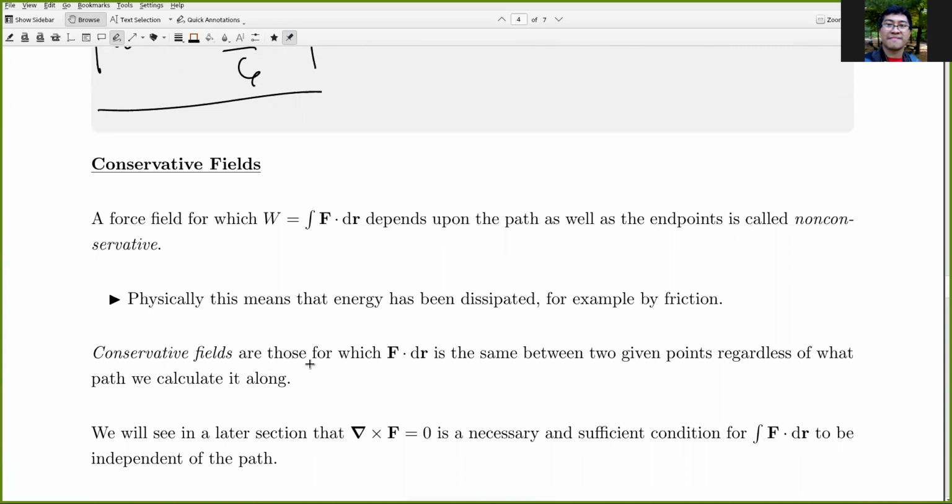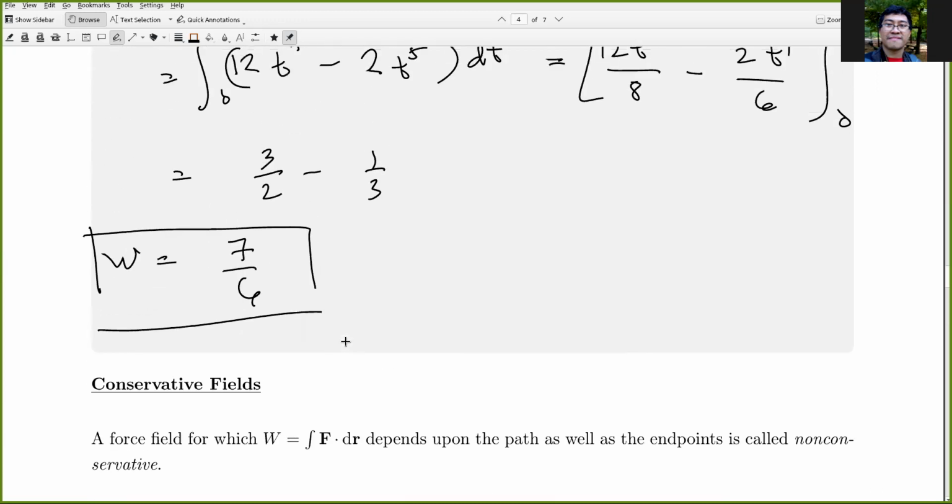For conservative fields, these are those for which F dot dr is the same between two given points regardless of what path we calculated along. So in this case, you can think that there's no dissipation of energy. So the work done is independent of the path we choose.